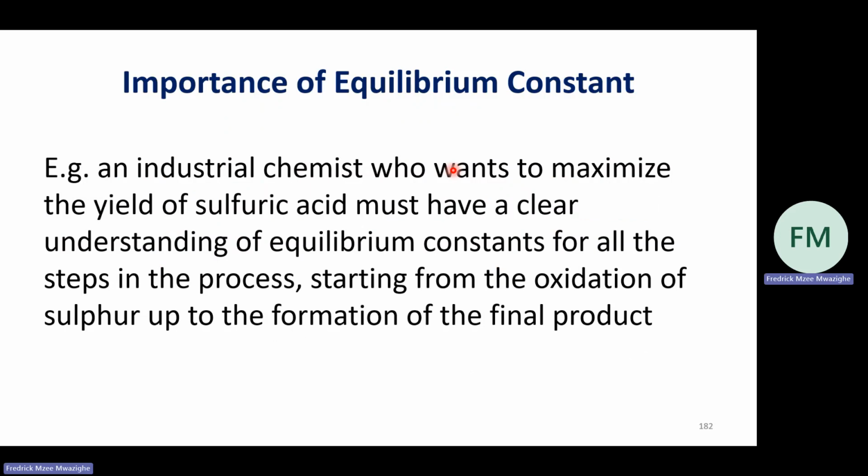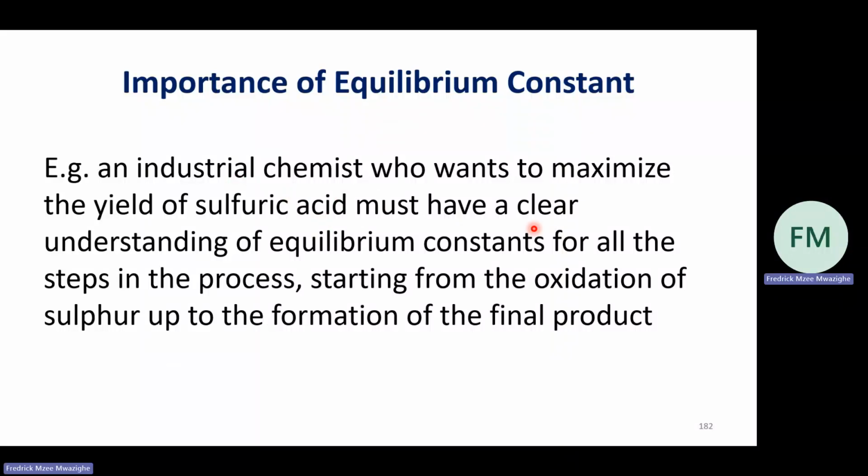So you may wonder why it is important to know the chemical equilibrium, and also to determine the equilibrium constant of a particular reaction. For an industrial chemist who wants to maximize the yield of a particular product, here I give an example of sulfuric acid.